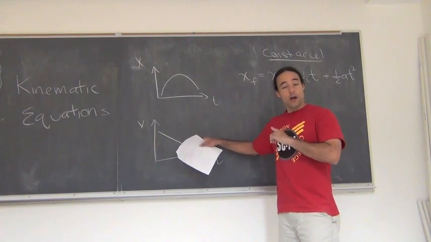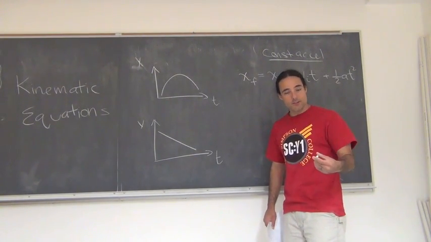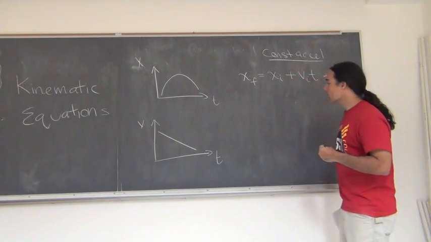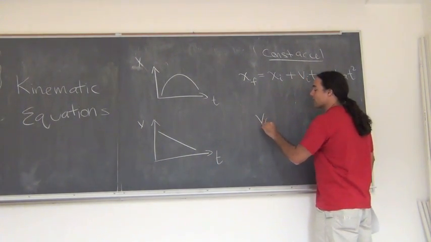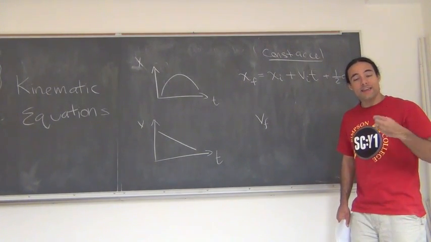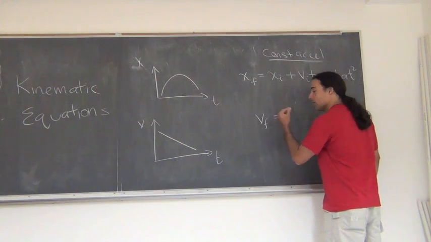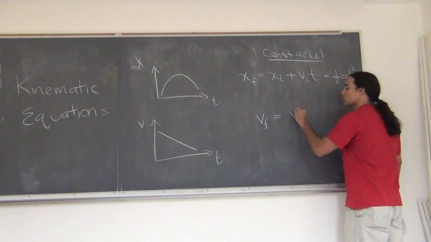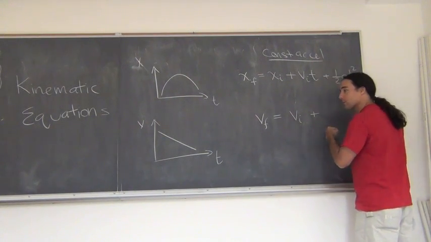However, for constant acceleration, it will just be some sort of straight line, possibly with a slope. If it's a straight line, then I should have the equation for a straight line, which in general is of the form y equals mx plus b. Here, the b, the intercept, is just your initial velocity, plus the slope times time.